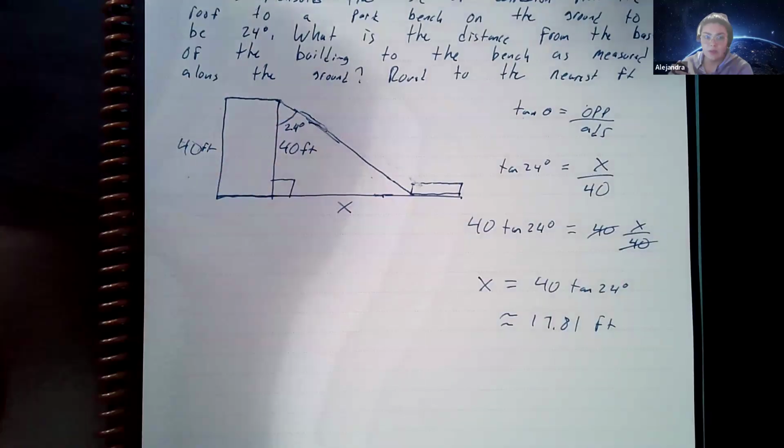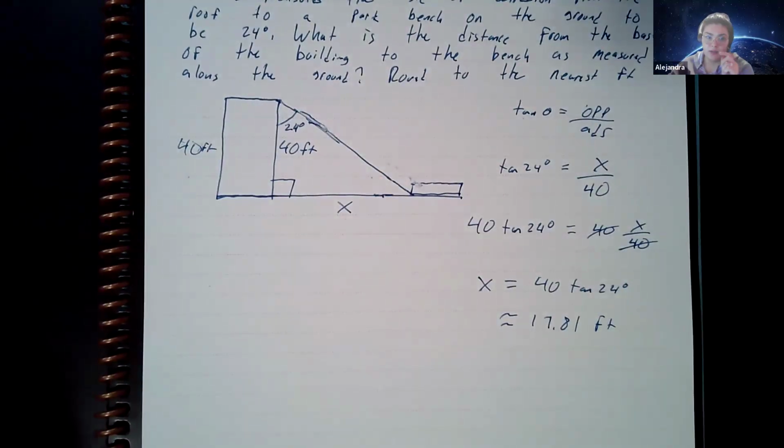If the angle of depression meant from eye level looking down, then your opposite would technically be the height of the building, and your adjacent would be parallel, thinking square.